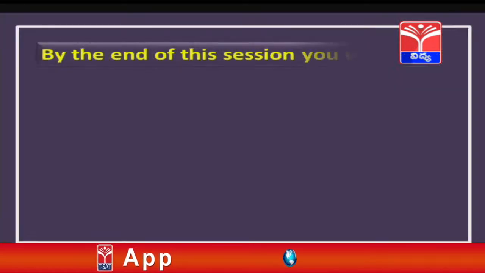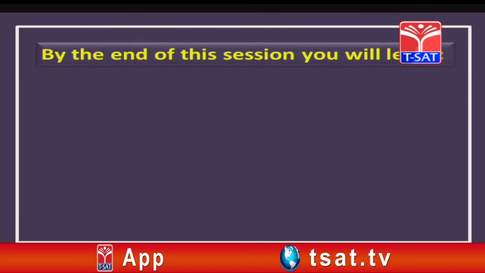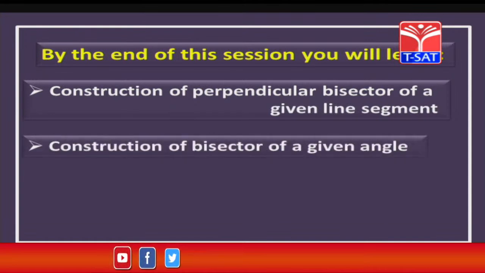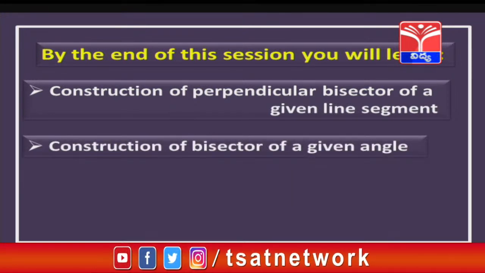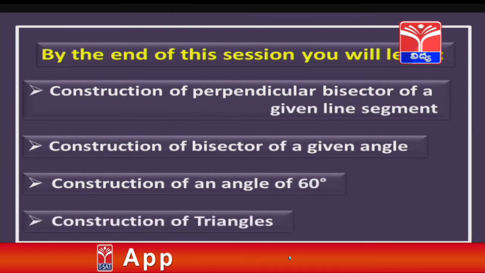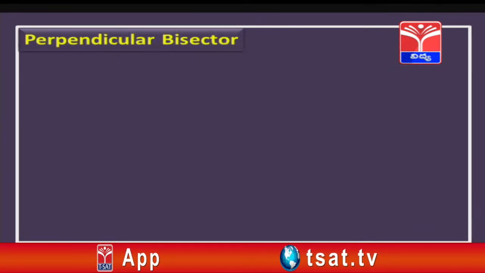So, by the end of this session, you will learn construction of perpendicular bisector of a given line segment, construction of bisector of a given angle, construction of an angle of 60 degrees, and finally, we will construct types of triangles.